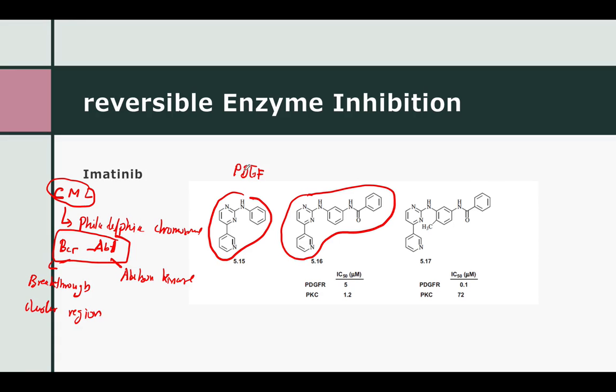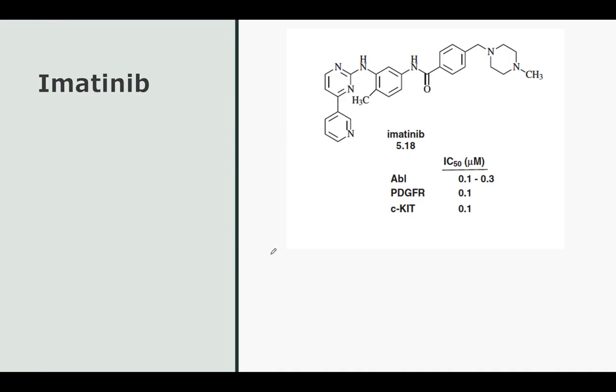But then it was tested. The precursors of imatinib were tested against BCR-ABL and found to have inhibitory activity on its kinase activity. So these compounds were then further developed into imatinib.